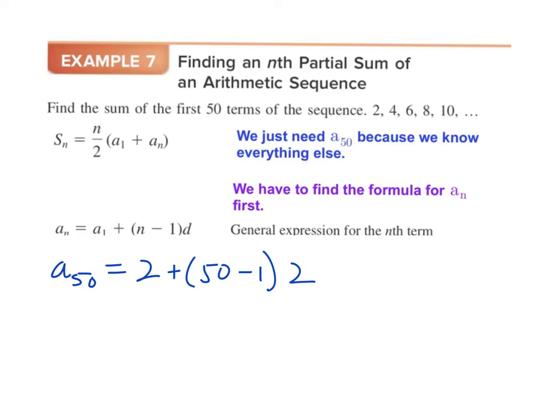So take a look at the screen, see if you had it set up right. A sub 50, the first term, 50 minus 1, because it's looking for the 50th term, so that's n. Common difference is 2. How many had that set up right? So what does this equal? 100. That's 49 times 2 is 98. That's 100.